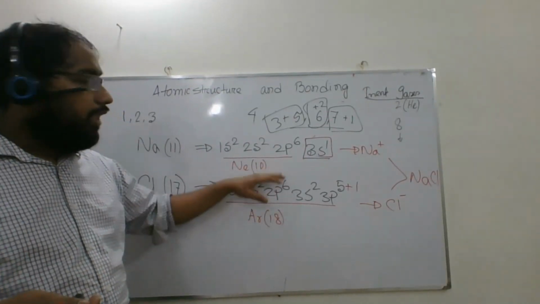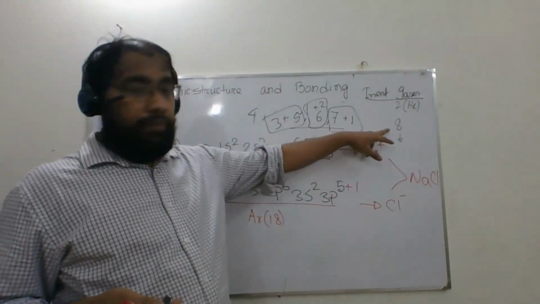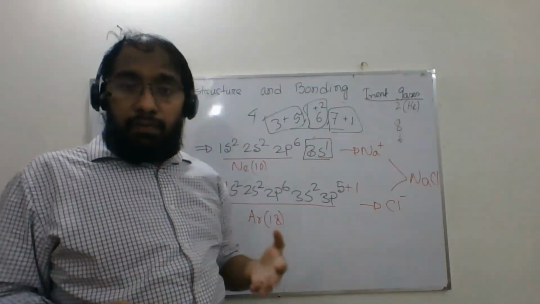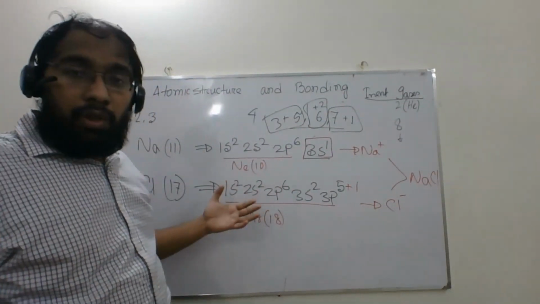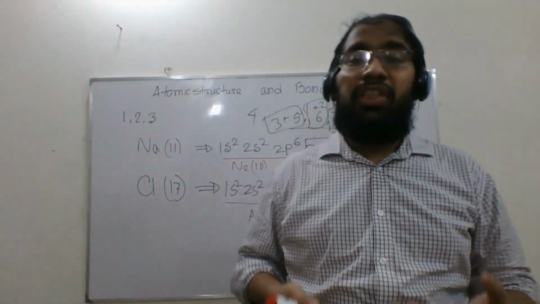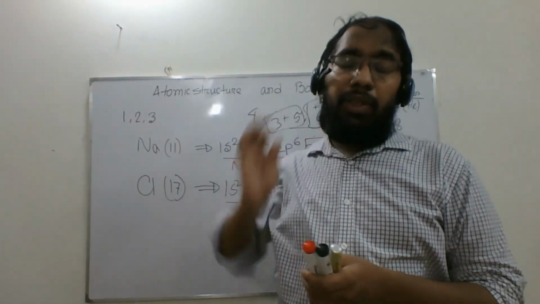And due to this process, they also have the electronic configuration of octet. They fulfill the octet rule and they are stable. So to stabilize themselves, they go for this type of ionic bond. Any metal wishing to combine with any non-metal goes for this rule, and this is called ionic bond.